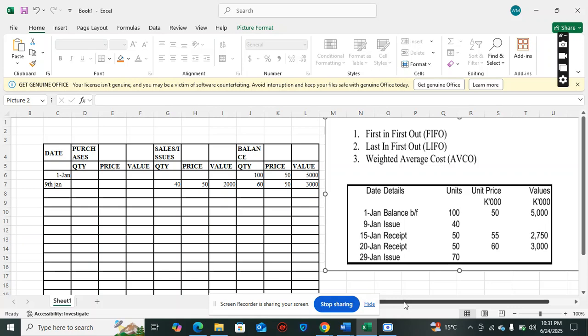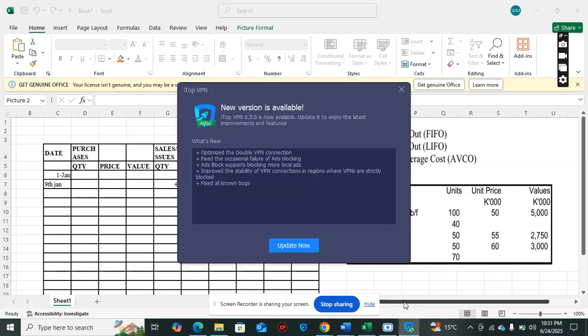But receipts are purchases. Sales means I've now sold it; the good has been sold.